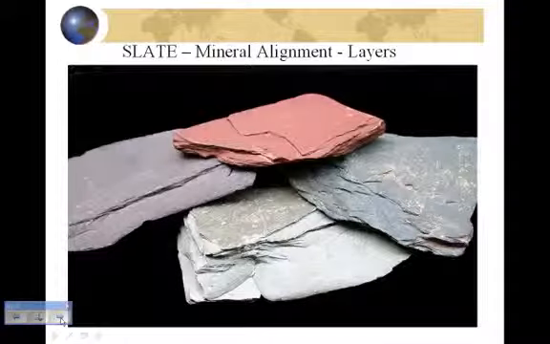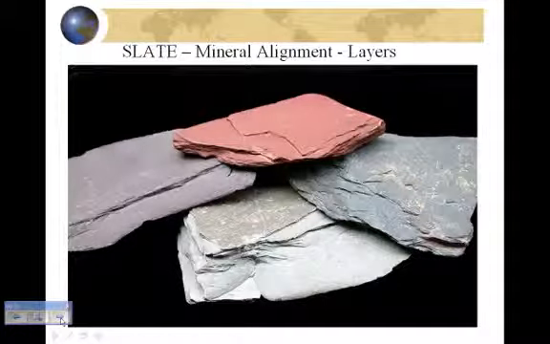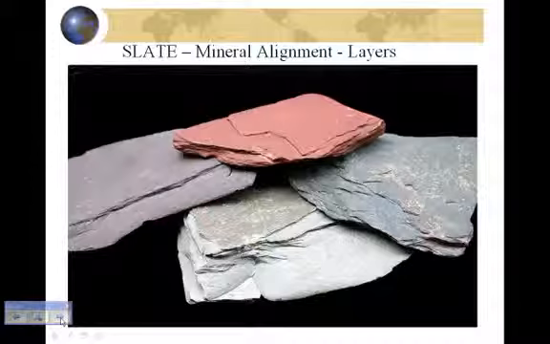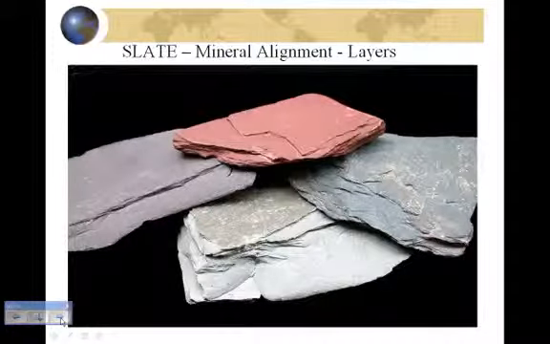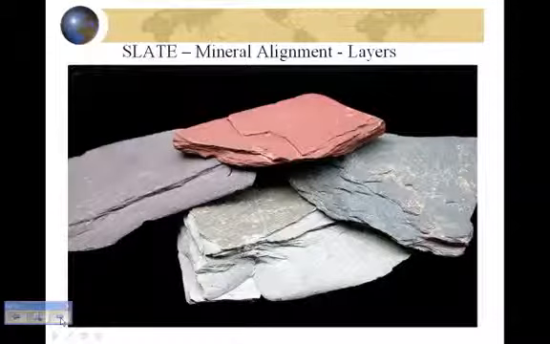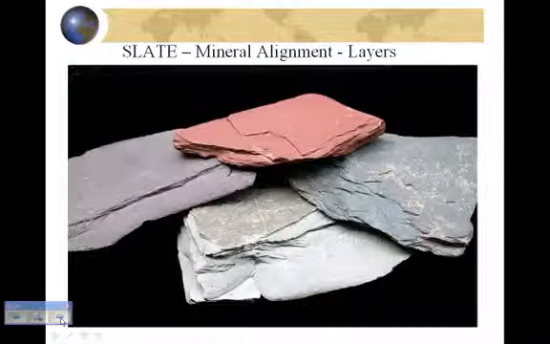You can see the mineral alignment in the layers. These layers will split very easily along the alignment plane. Slate comes from the metamorphosis of the sedimentary rock shale. And as we've mentioned before, many of the rooftops that you can see from our classroom here in Schenectady have beautiful slate roofs.